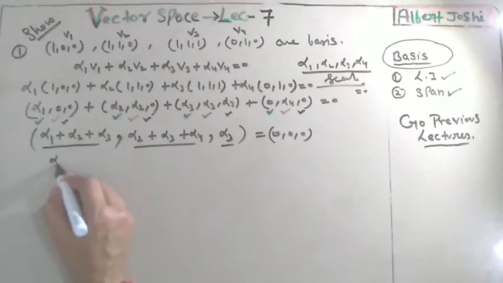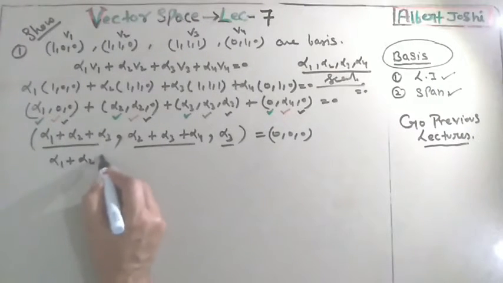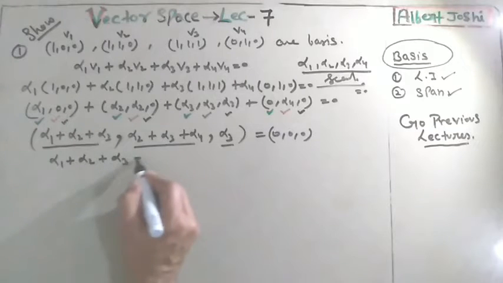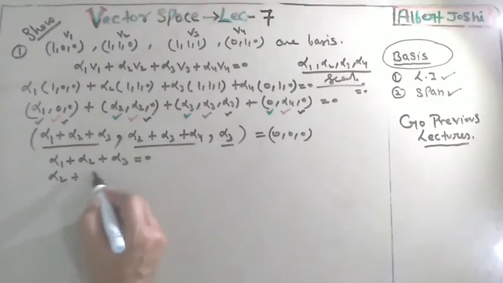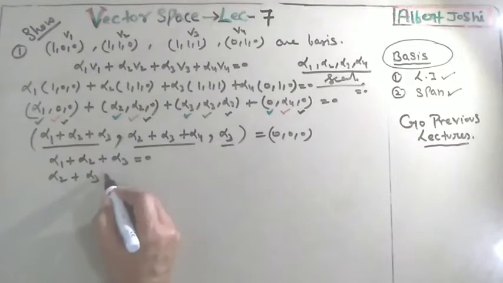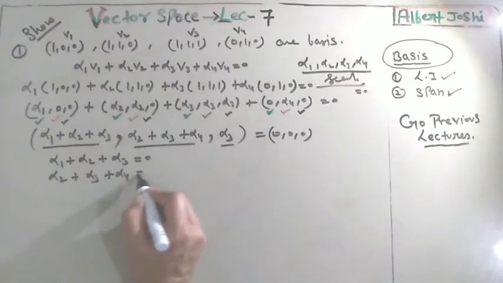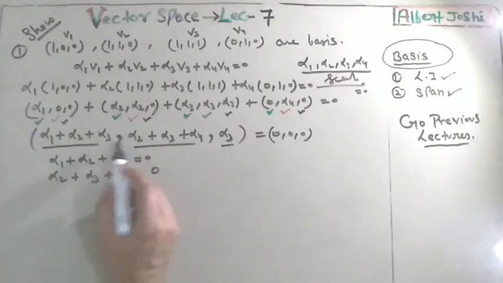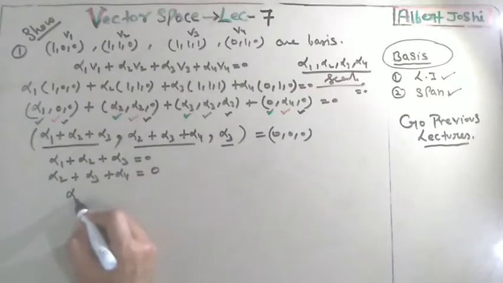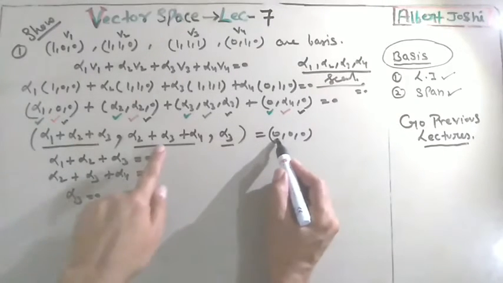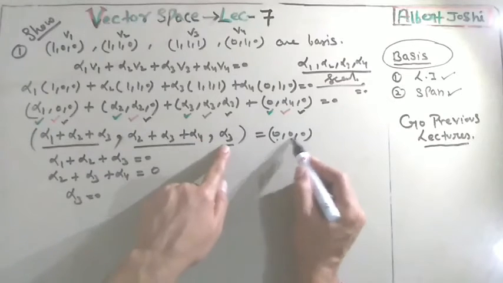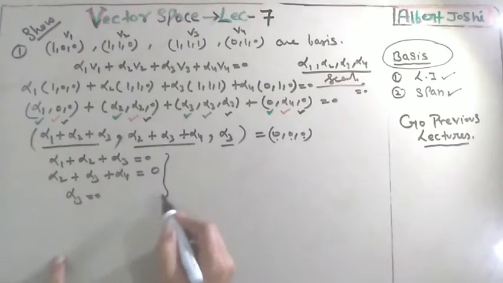So you get alpha 1 plus alpha 2 plus alpha 3 is equal to 0, then alpha 2 plus alpha 3 plus alpha 4 is equal to 0, and alpha 3 is equal to 0. We have 3 equations.